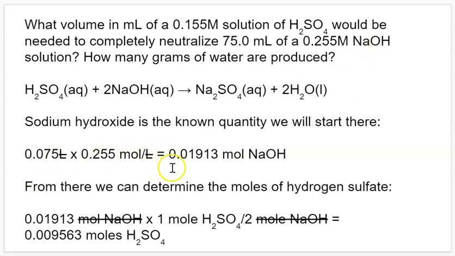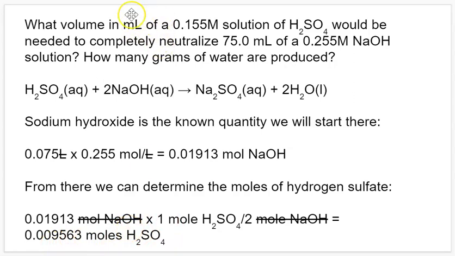That tells us that we have 0.01913 moles of sodium hydroxide. And then from here, we can determine the moles of the hydrogen sulfate based off of the balanced chemical equation. We know that it is 2:1. So if we multiply it by 1 mole of hydrogen sulfate over 2 moles of sodium hydroxide, we end up with 0.009563 moles of the hydrogen sulfate.